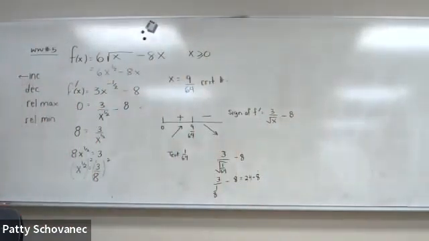So we got increasing between 0 and 9/64. It decreases to the right of 9/64. Relative max occurs when x is 9/64, and there is no relative min.